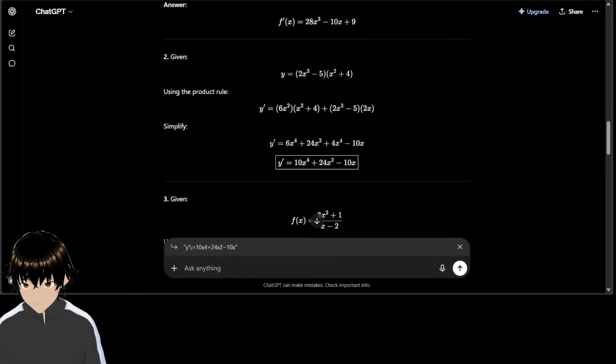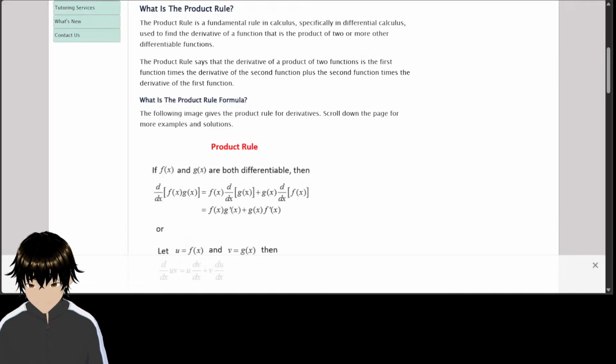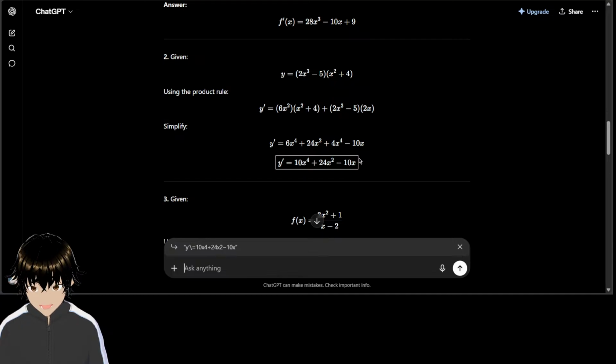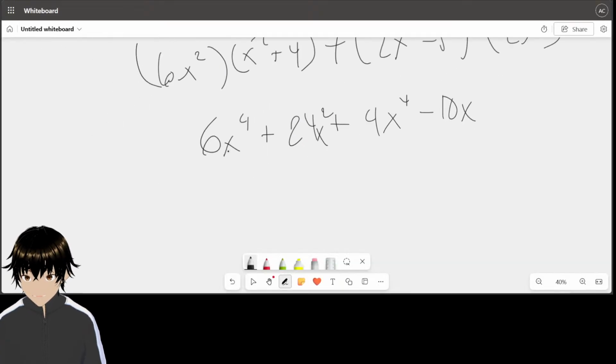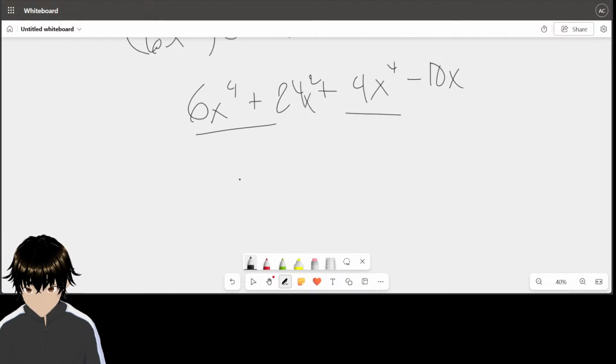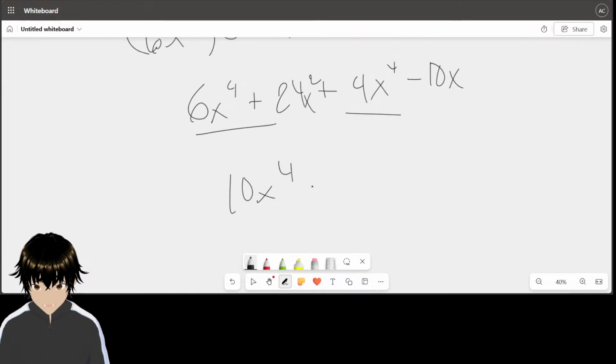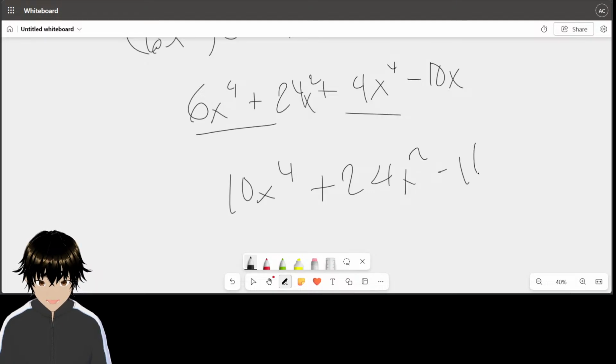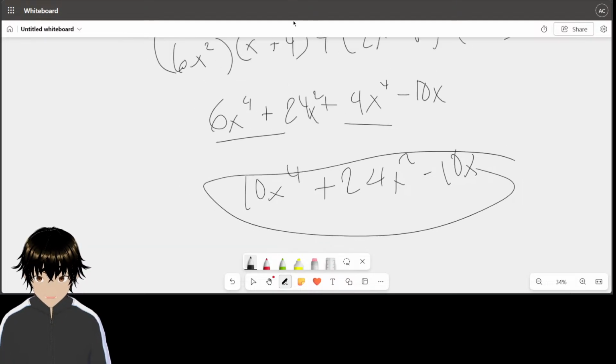You actually have to add the x cubed right here. Then how do you make this 10x to the 4? They just add the like terms. So we just get 10x to the 4 plus 24x squared minus 10x. I think that's the final answer for this.